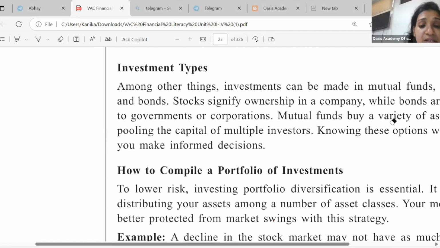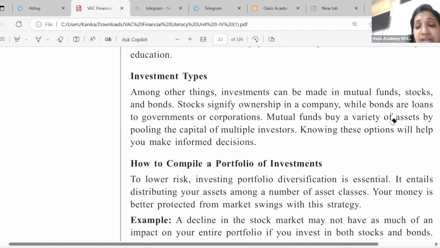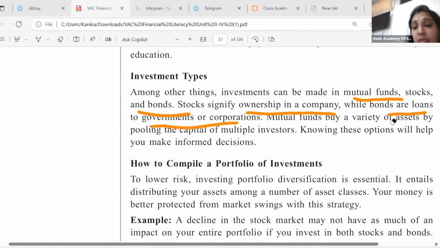Then investment types. Investment can also help you in mutual funds, and again, as I told you earlier, stocks and bonds. Stocks signify ownership in a company, while bonds are loans to governments or corporations. Mutual funds buy a variety of assets by pooling the capital of multiple investors.